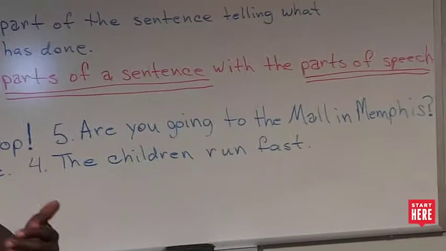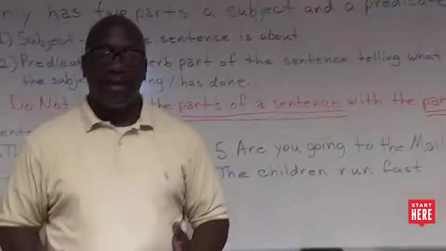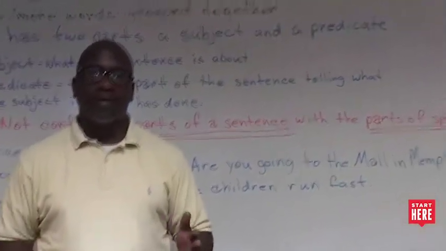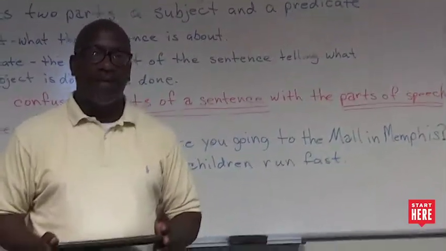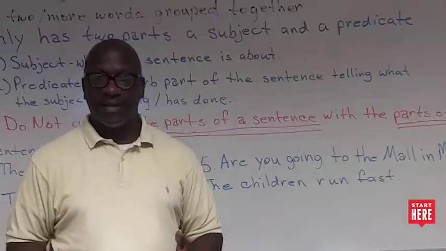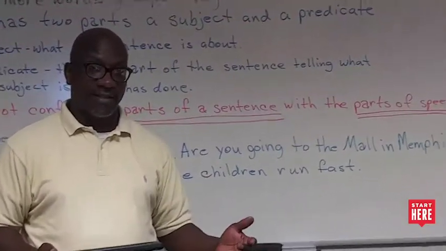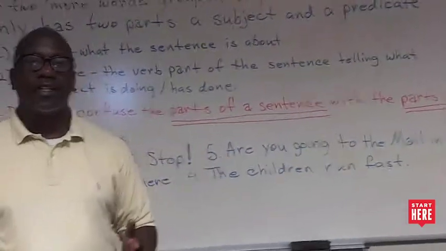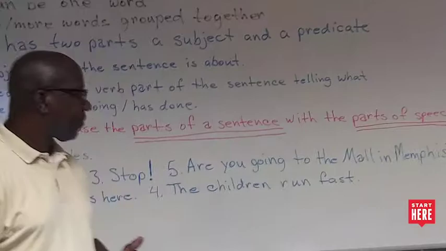The next time we talk about English, we're going to get into the parts of speech. We're also going to talk about the 3 types of sentences that you have. It's very important to know when to use a period in a sentence, when to use a question mark in a sentence, and also when to use an exclamation point in a sentence.